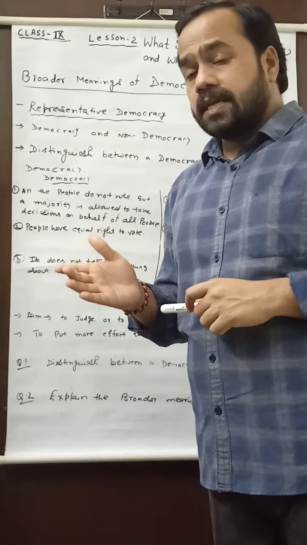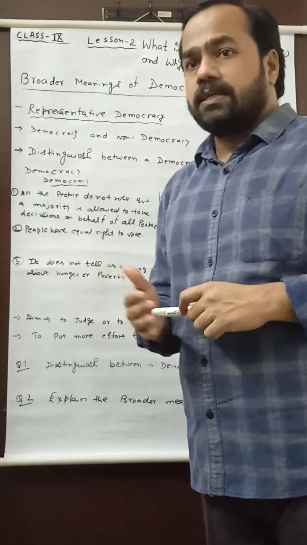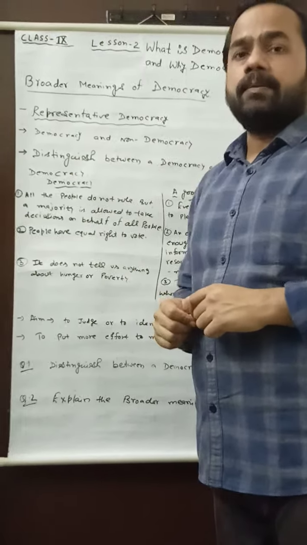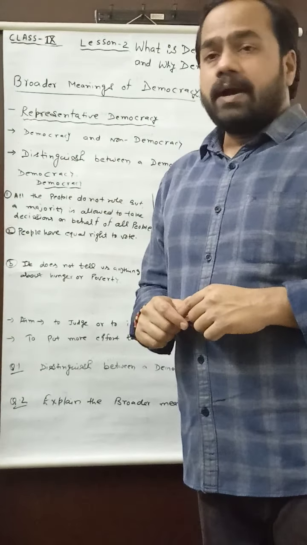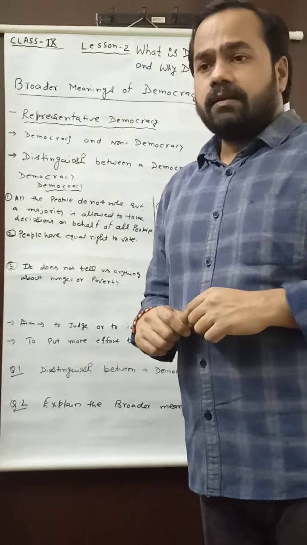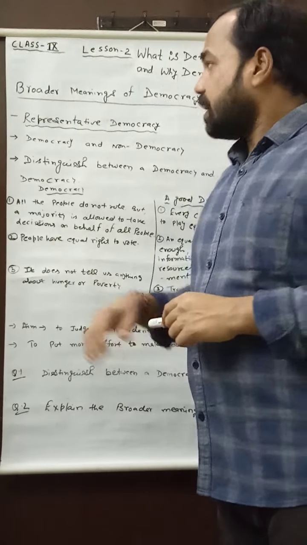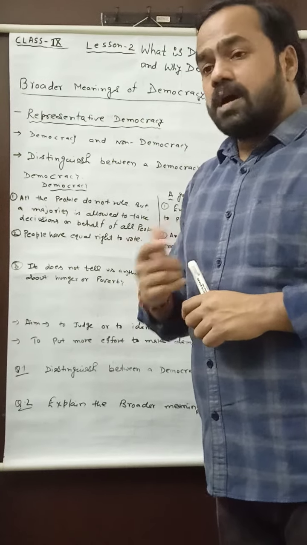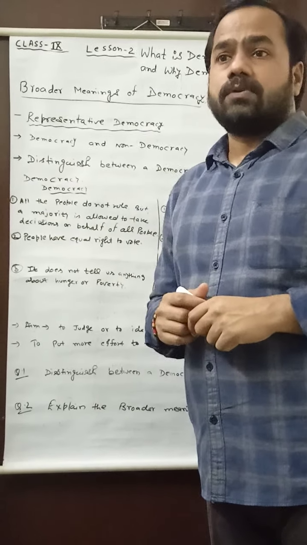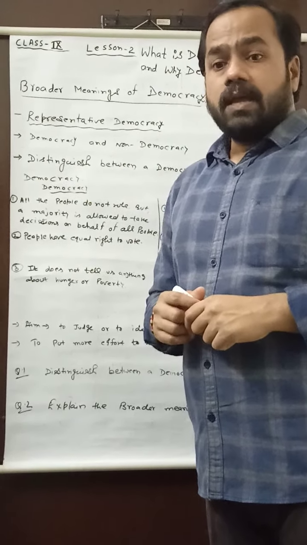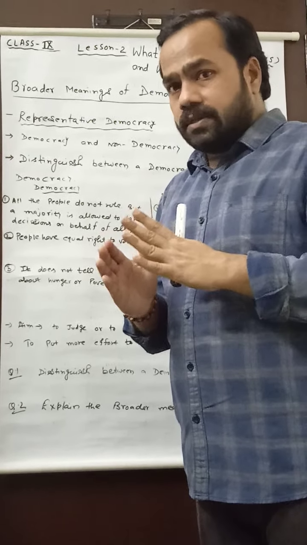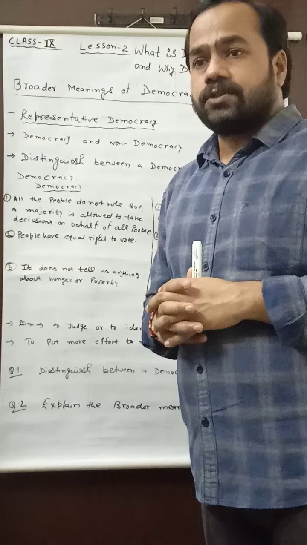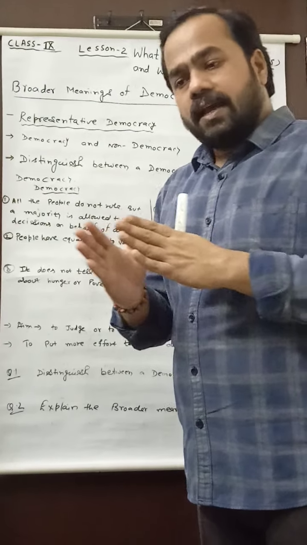And when we discuss the good democracy, then we go to the broader meanings of democracy. My dear students, when we discuss the broader meanings of democracy, we start to count some ideals of democracy. And when we start to count these ideals, then we can distinguish between a democracy and a good democracy.